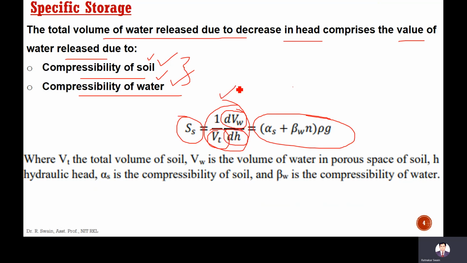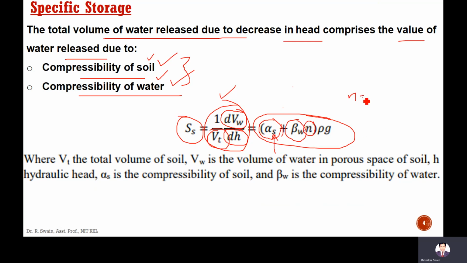If we derive it considering these two actions, compressibility of soil and water, then it will be alpha S, the compressibility of soil, plus beta W, the compressibility of water, into porosity N, whole into rho g.